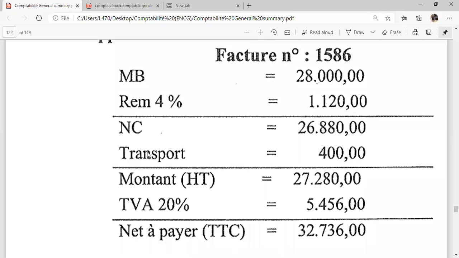Then you're going to find the 20% of the montant hors taxe and add that 20%, which is going to give you the TTC. So I hope you have been able to at least see where the difference in calculation lies.